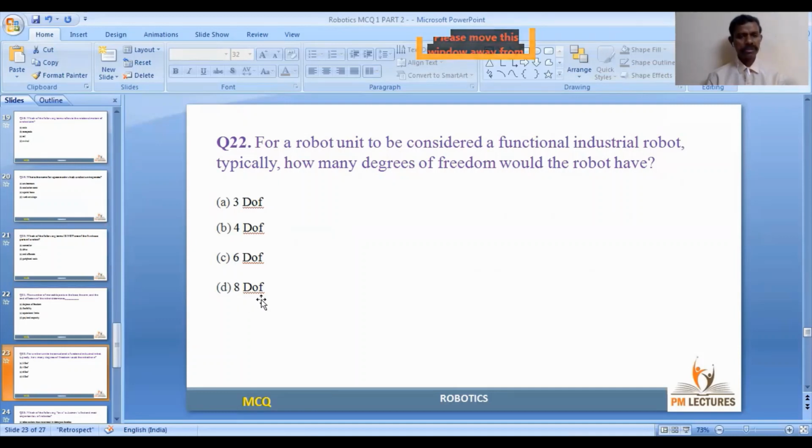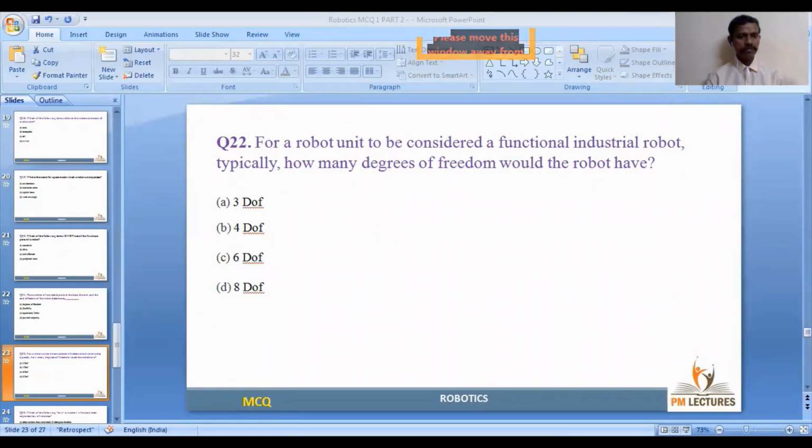So for a functional industrial robot, typically industrial robots have 6 degrees of freedom. Hence the correct option is C, 6 degrees of freedom.